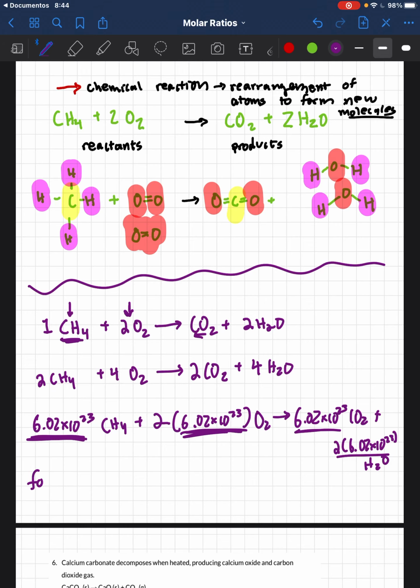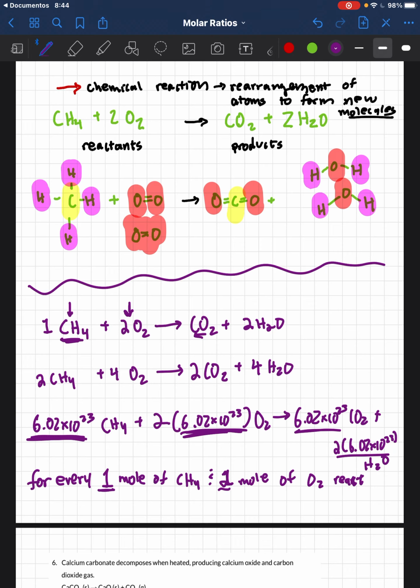So for every 1, because that's my coefficient, CH4, or why don't I write it like this? 1 mole of CH4 and 2 moles of oxygen that react.